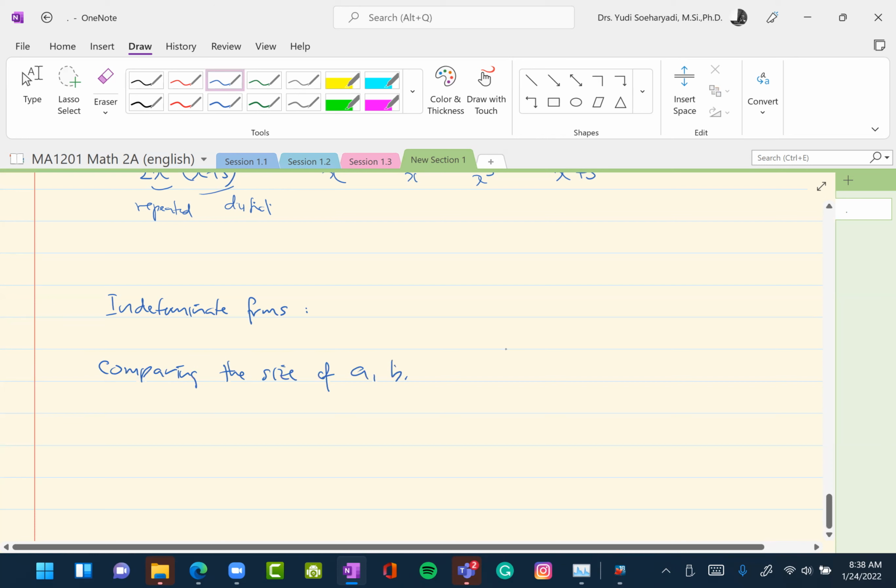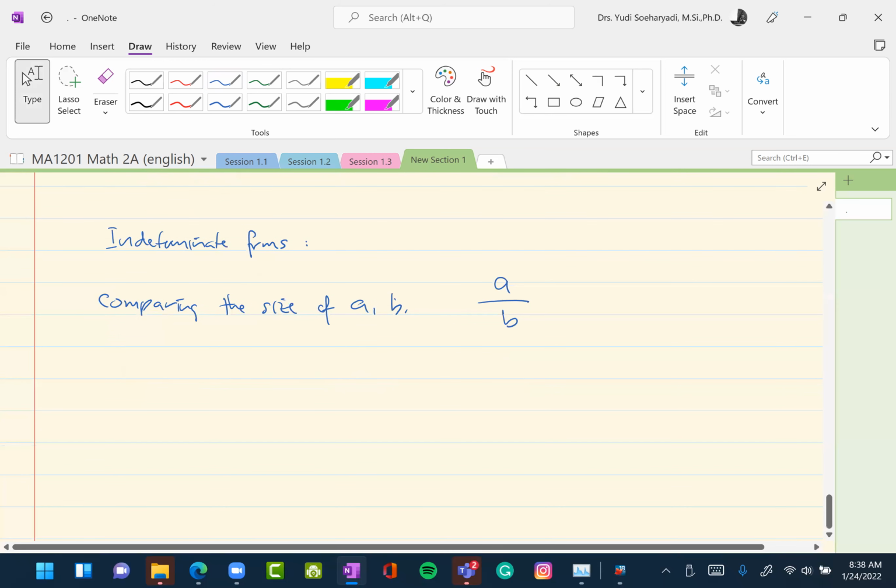Okay, so in this thing, we're comparing this one here. So if the ratio is, so both are positive. Say, positive. Okay.